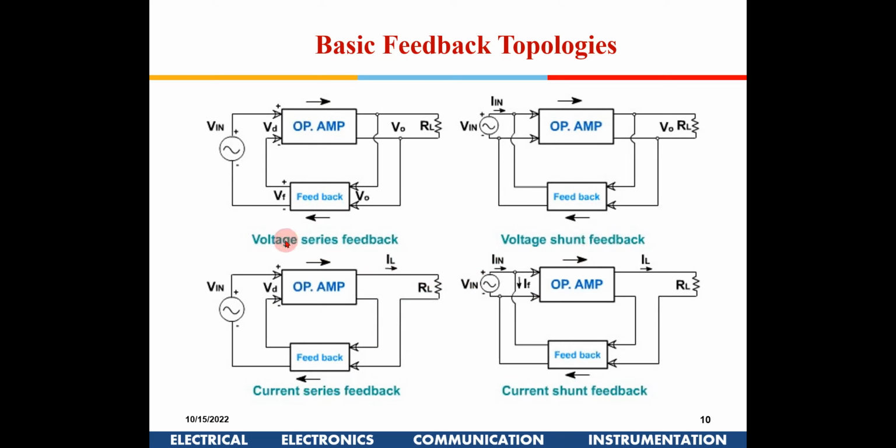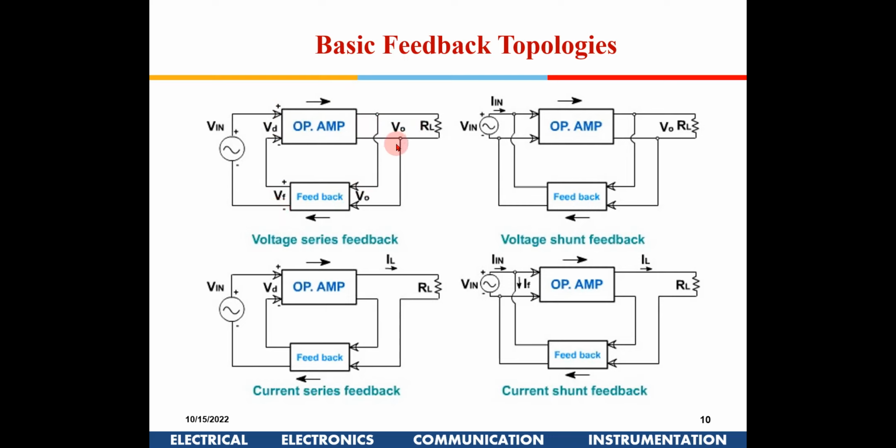Suppose this is a voltage amplifier where voltage is given as an input and voltage is given as an output. In that case, we sample the output voltage and give it in series to the input voltage. Obviously, these have to oppose each other. If there is already a 180-degree phase difference, then you can simply add it.